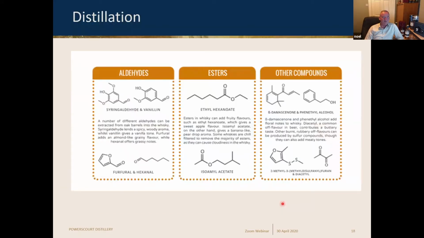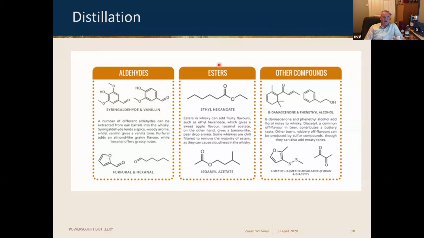We're going to have a look at all of these and their chemistry, and if you skip on to the next one, we have an indication of what these look like chemically. You can see a double bond oxygen onto a carbon, and then other little bits and pieces. In the esters you have something similar.